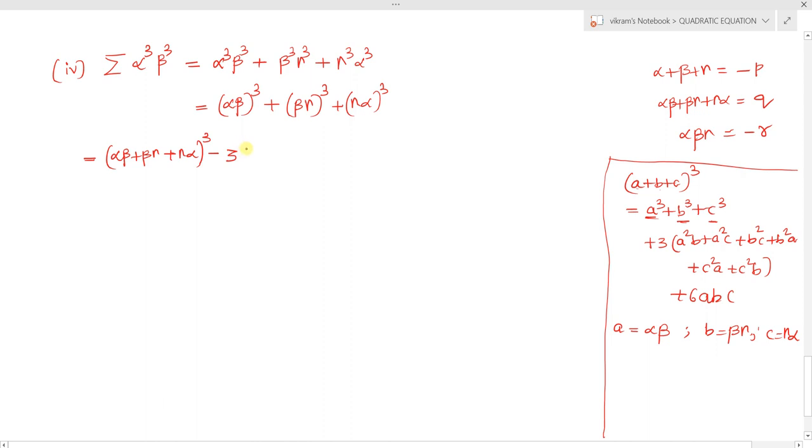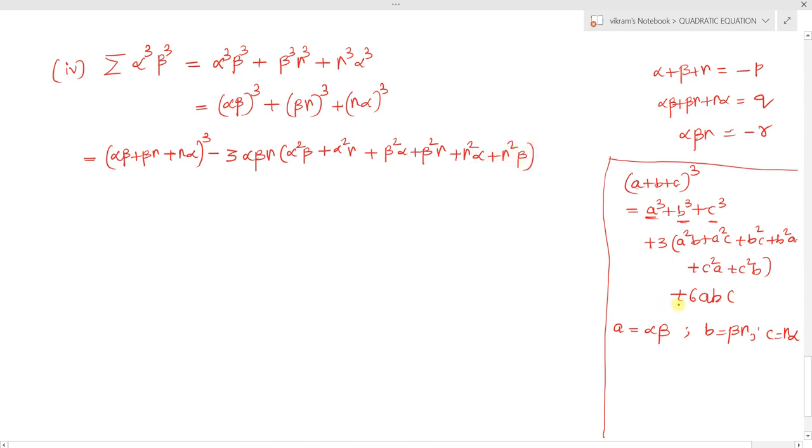Just I'm simplifying this directly: minus 3 times of alpha beta gamma into (alpha square beta plus alpha square gamma plus beta square alpha plus beta square gamma plus gamma square alpha plus gamma square beta).